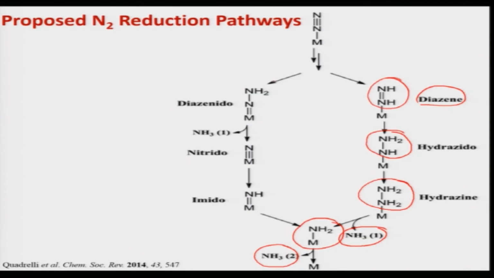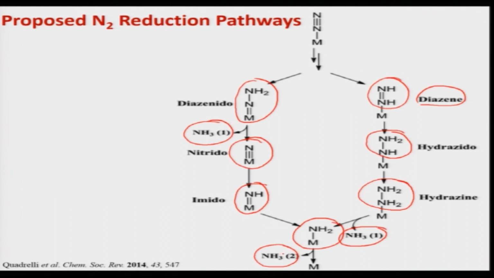This first forms a diazenido intermediate like this, where only one terminal nitrogen is protonated to give NH2 diazenido, which then releases one molecule of ammonia with the help of one proton, and this nitrido intermediate produces imido in the presence of one more proton, converting N to NH, and this imido produces MNH2 in the presence of one more proton, which eventually releases one more ammonia after addition of one more proton.